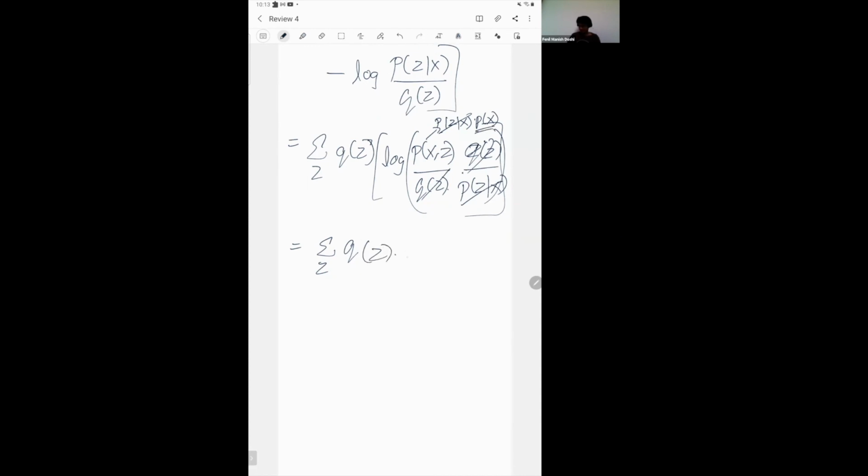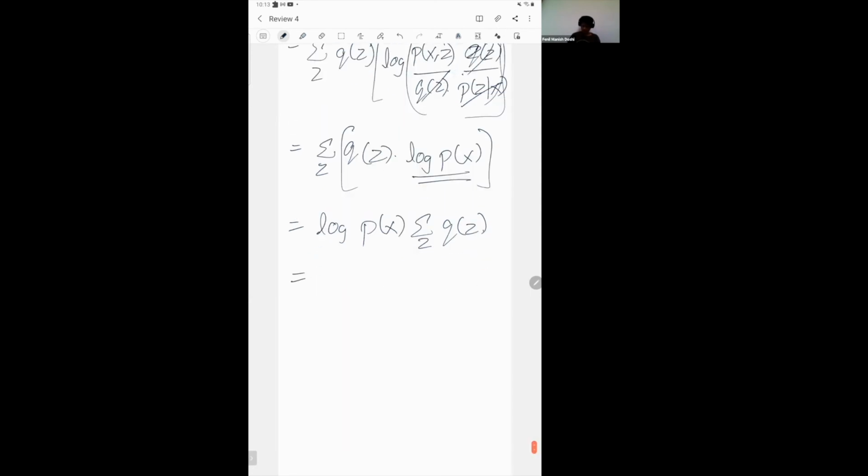Since log of p of x is independent of z, you can just take that out, and then this thing just sums up to 1.